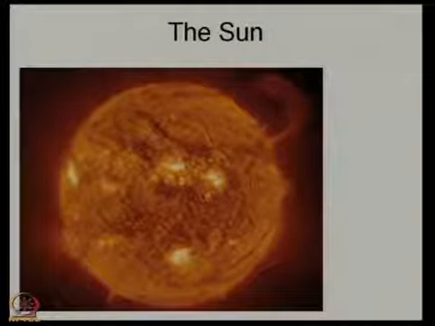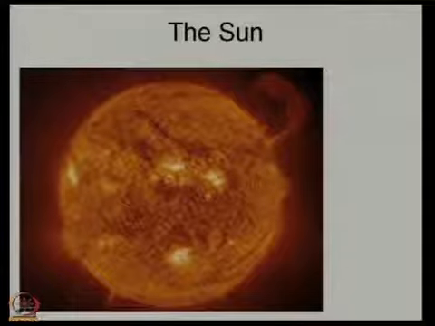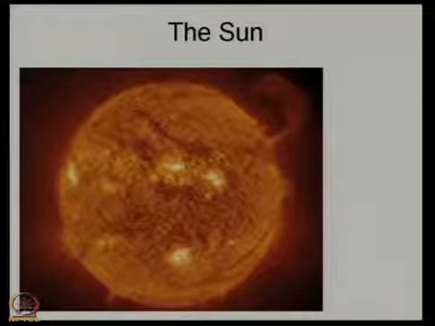Much of our information about the Sun is obtained by studying the radiation coming from the Sun to the surface of the earth. And this radiation is extremely important because it is essentially the source of energy.